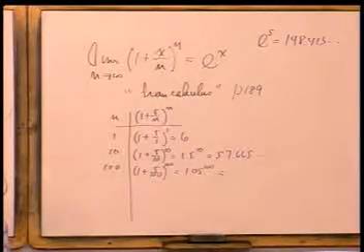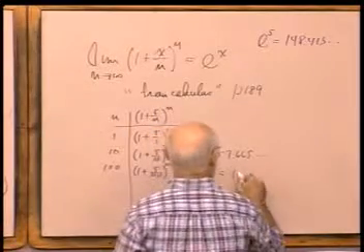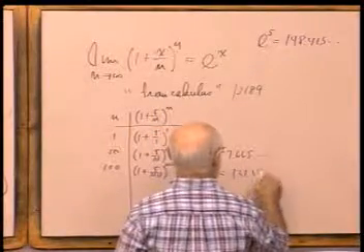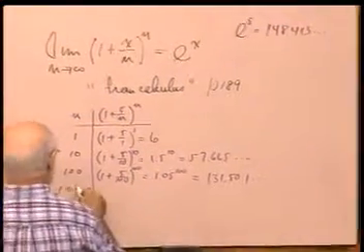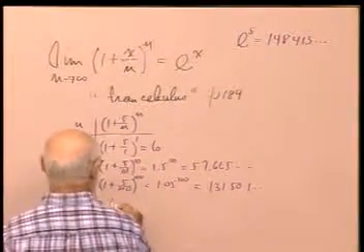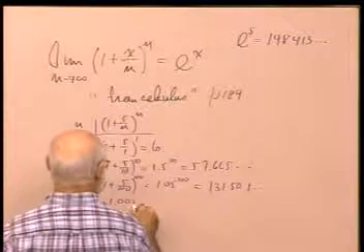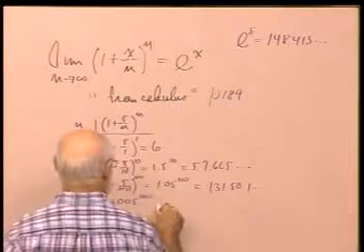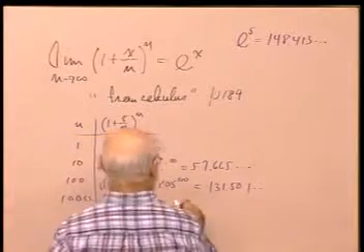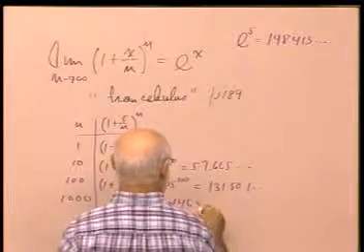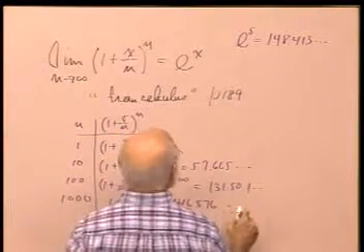Anybody got it? 131.501. Okay, 1,000. Now I'm going to have 1.005 to the 1,000 power. 146.576. Okay, well, it's getting pretty close.